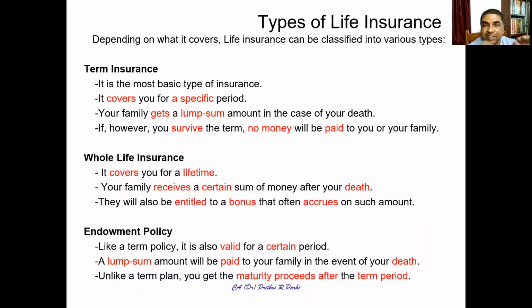But if the person doesn't die within that period, then no money is paid to the family. Premium payment is very low because there is no investment element; it covers only life. In case of loss of life during that period, compensation will be paid. If there is no loss of life, no compensation is due.